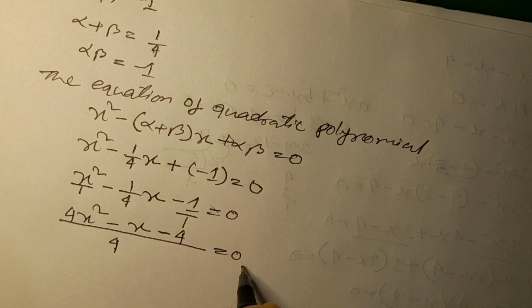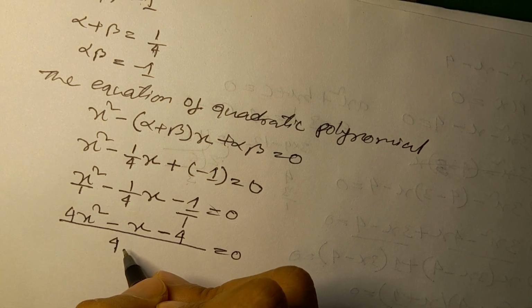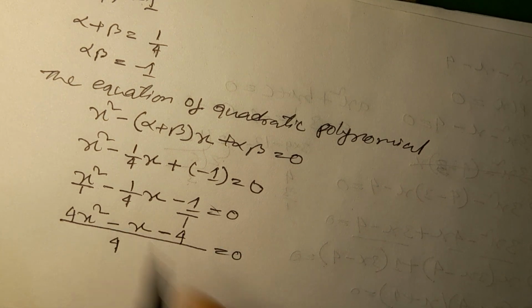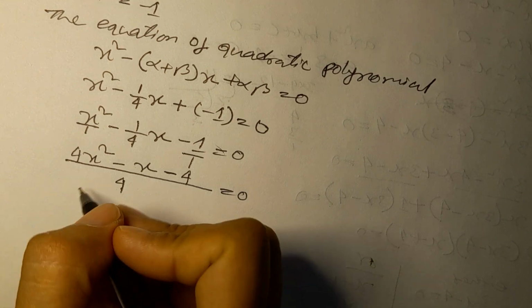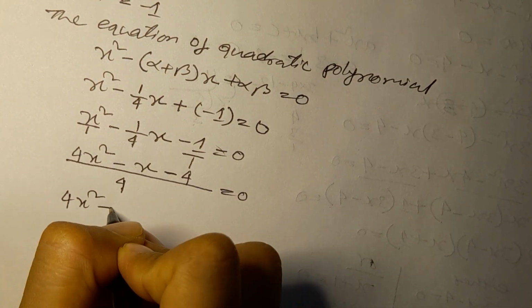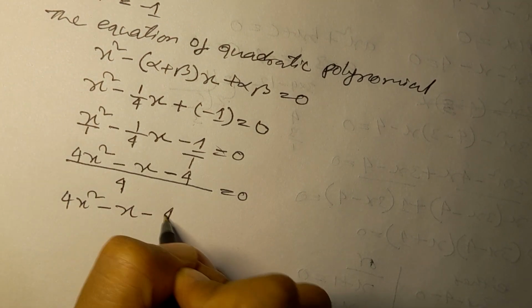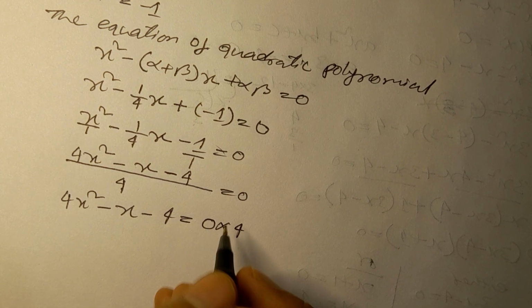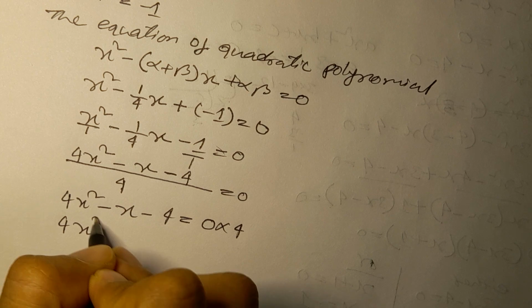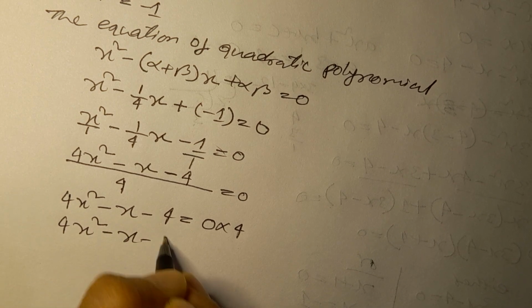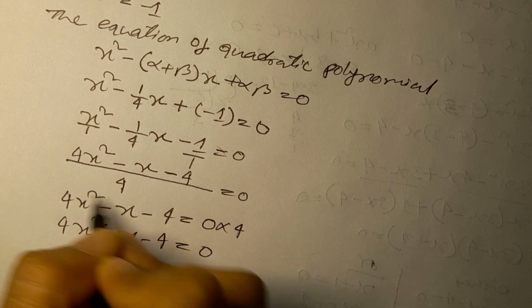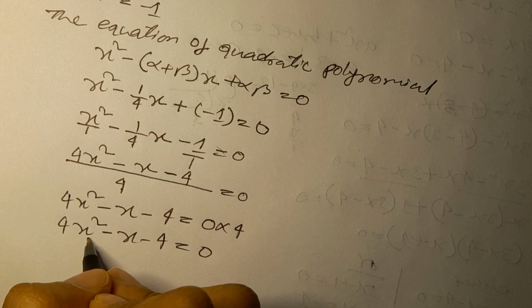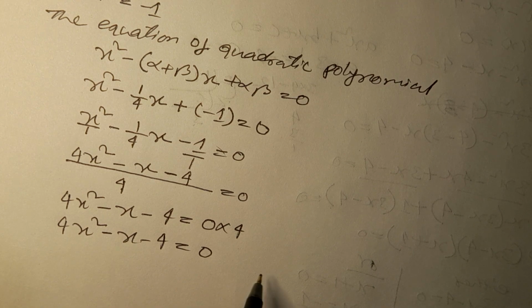Now take the 4 to that side. Since it is a divide, it will go to that side and become multiplication. So it will be 4x square minus x minus 4 equal to 0 into 4. If you multiply any number by 0, it will always give 0. So this is the required quadratic equation, that is 4x square minus x minus 4 equal to 0.